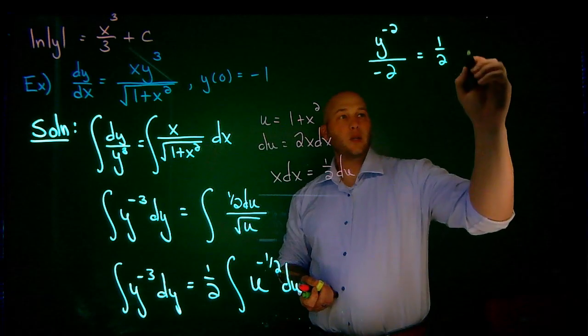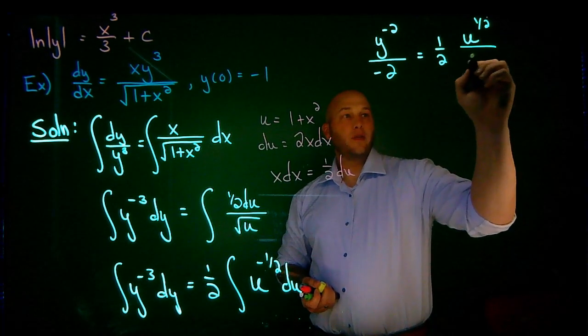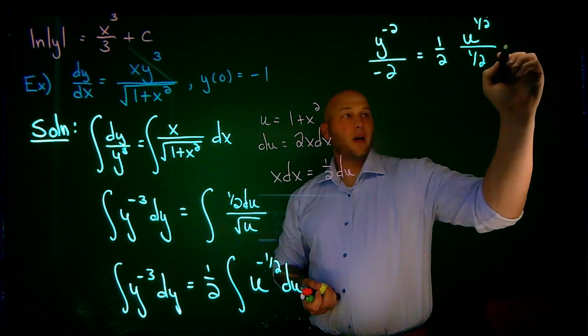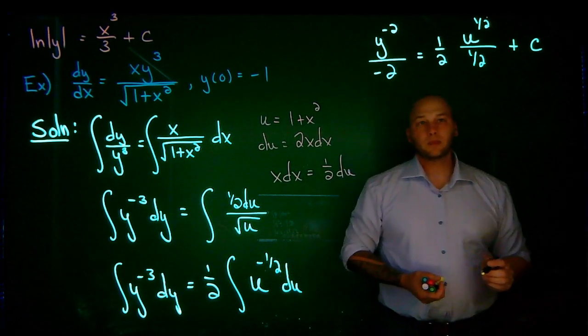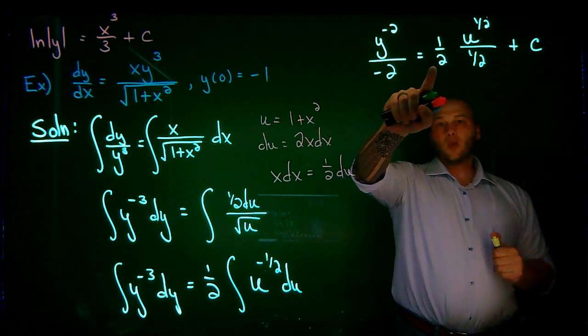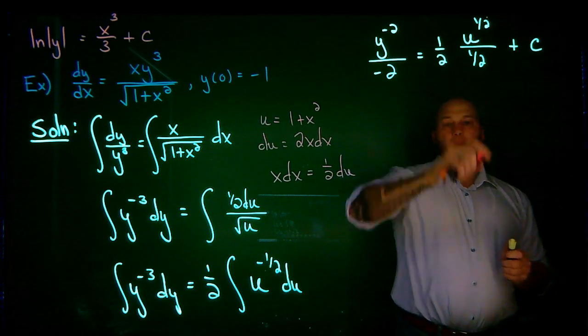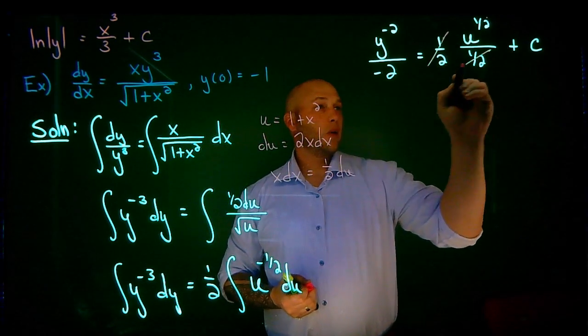Add 1 to the exponent, that means I would have u to the positive 1/2, but then divided by 1/2. And also, don't forget your constant of integration. Let's clean that up a little bit. We can see that the 1/2 factor and then divided by 1/2, those are going to cancel.